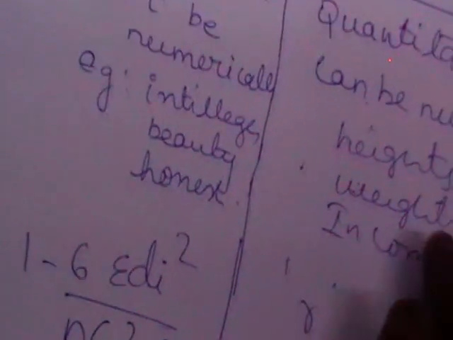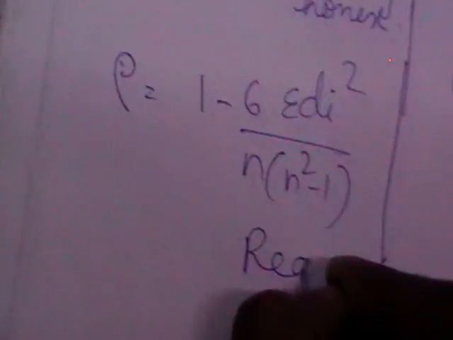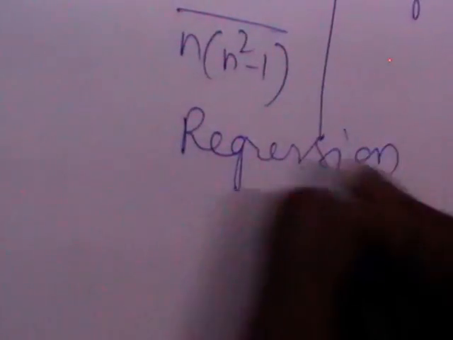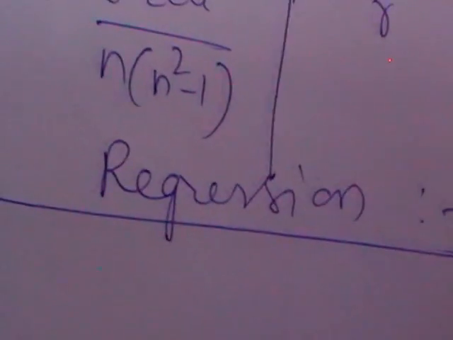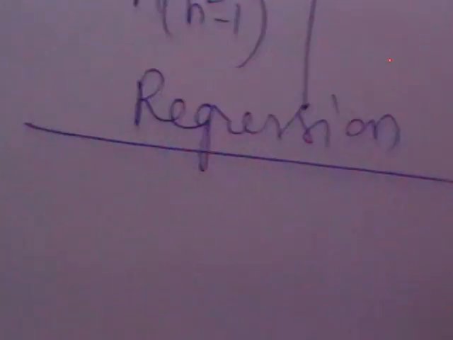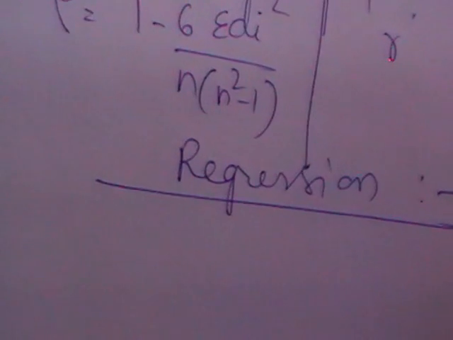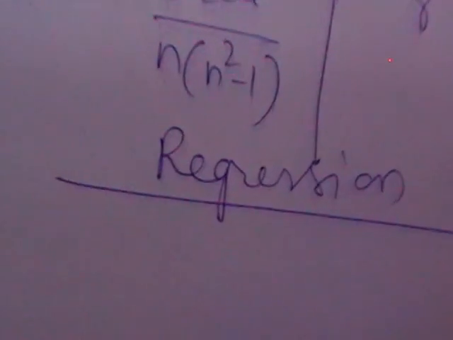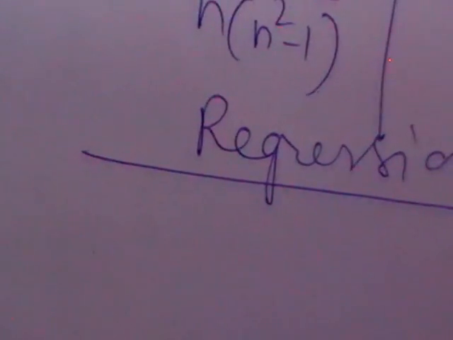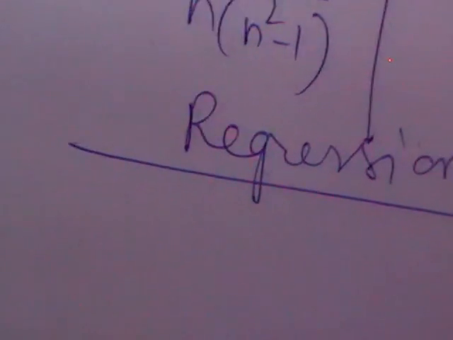The next concept is regression. Another measure of descriptive statistics is regression. Correlation gives just the relationship between two variables, whereas regression gives the average mathematical relationship between the variables.